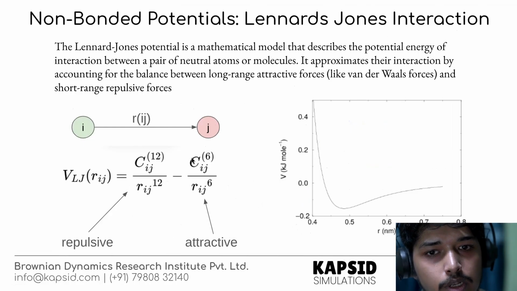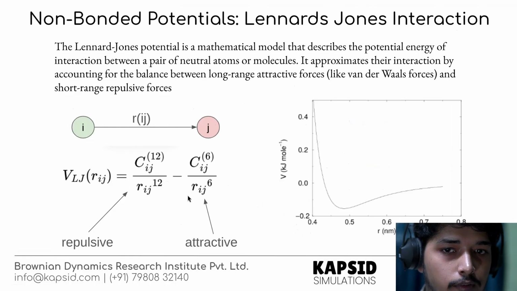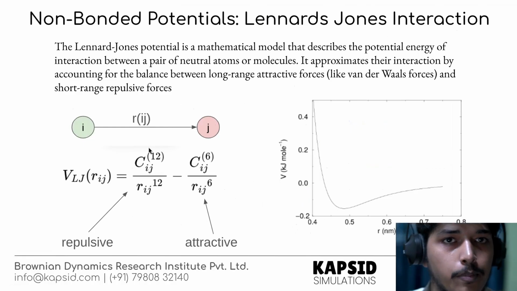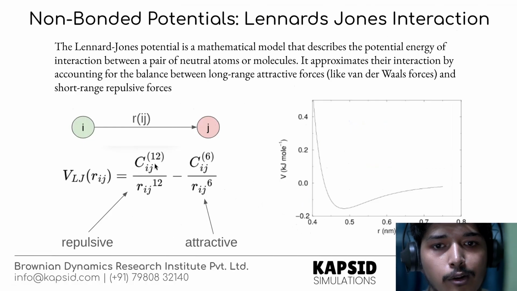So the computer only needs to find this attractive part, whatever this computes to, and then they will put a square on the whole thing, and you will get this C to the power 12 term. So basically calculating that is just one step away from this part, and that's why people often choose the C12 and C6 version and not any other version.